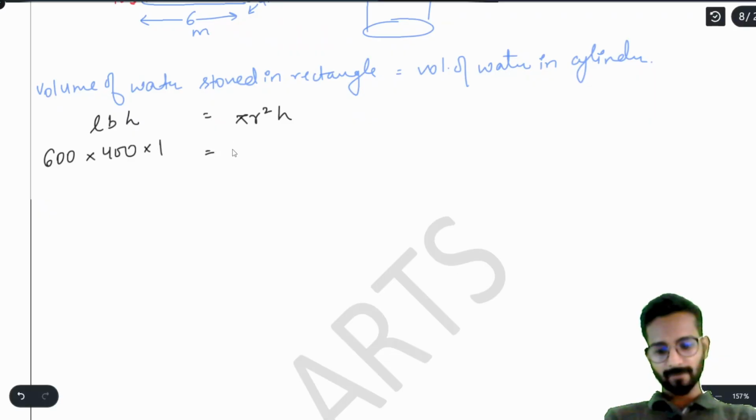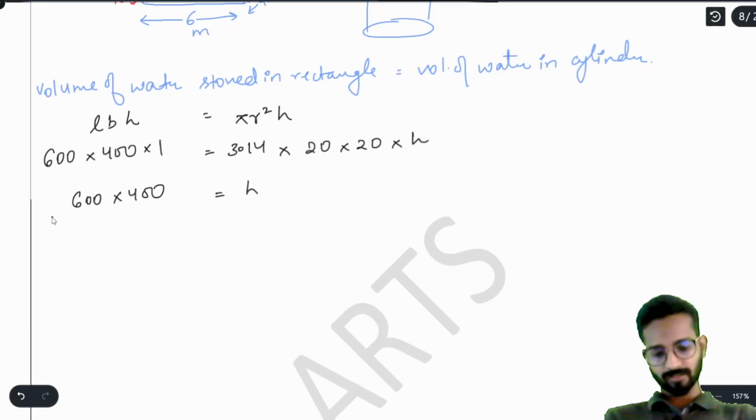Okay, then pi is 3.14 into radius was 20 cross 20 cross height. We can easily find the height. Height will be 600 into 400 divided by 3.14 into 20 into 20. That will be your height.